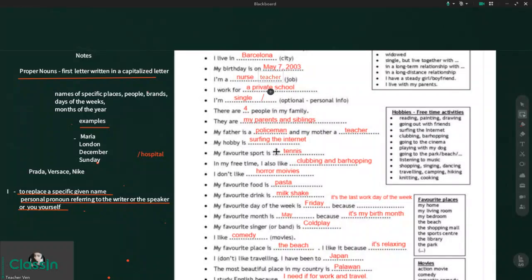The next one is, I work for. If you are a teacher, then you are working for a private school. You write it here. Or if you are a nurse, of course, you are working for a hospital, maybe a private hospital or a government hospital. That is the correct format, the right way to write it.